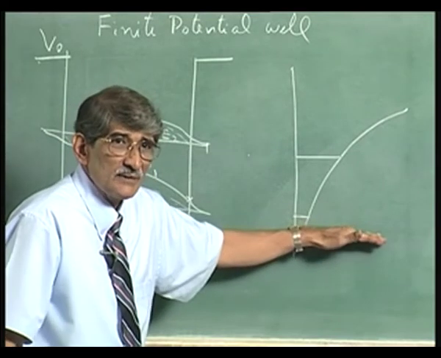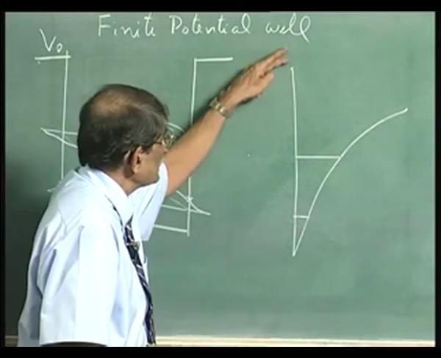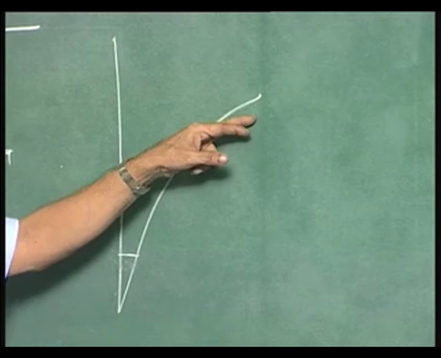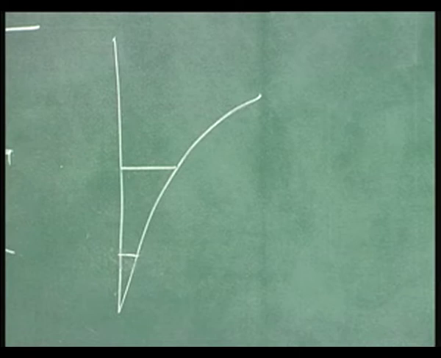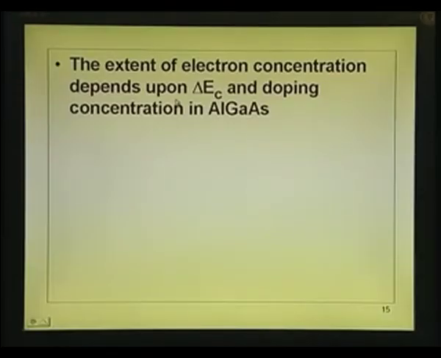Here it is undoped. So, higher the doping, more will be the band bending, plus delta Ec. We saw that the total potential drop is equal to the Vbi you get for a homojunction plus delta Ec by q. That additional drop is there. So, that is what we meant by saying extent of electron concentration depends upon the band bending, which depends upon delta Ec and the doping.